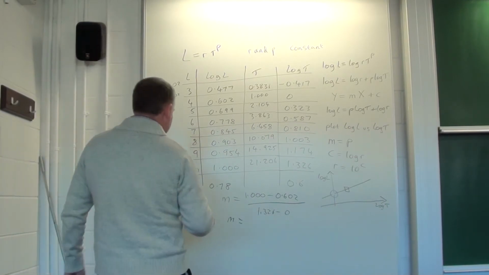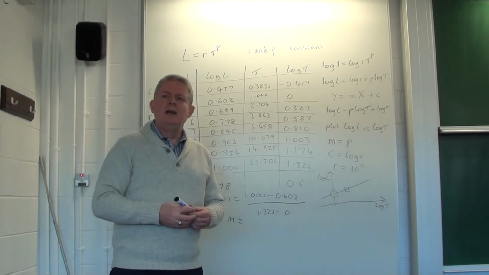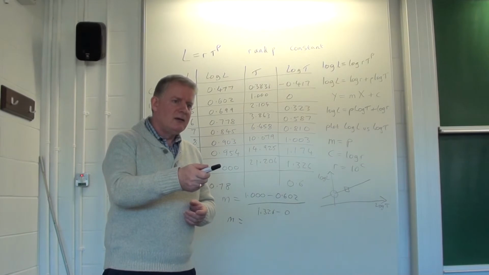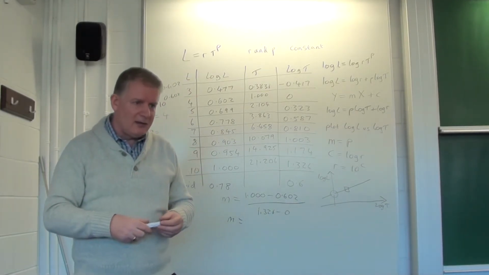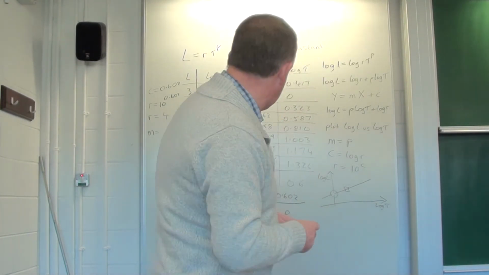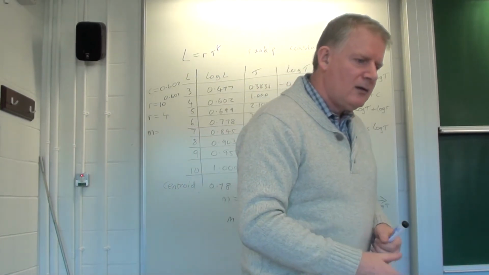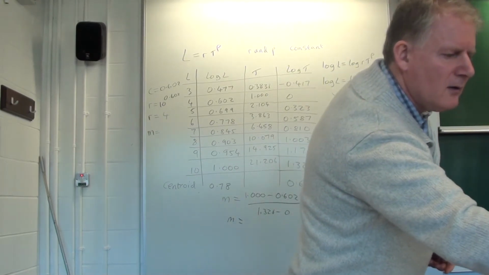Okay, let's take a vote on it. I got 3 points. So what have we got? I just took the furthest away points, number 5 and number 10.